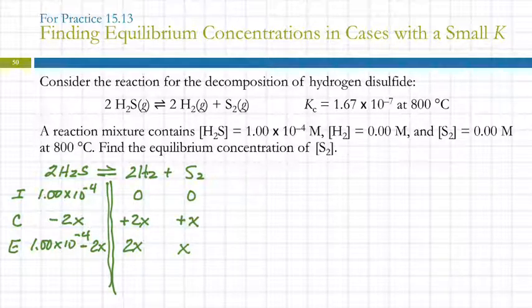So again, we have a situation where our equilibrium constant is small. So we can approximate X is small, X not being significant when we subtract it from that number. So the X is small approximation says, okay, well, this is basically unchanged. So we have our equilibrium constant expression.